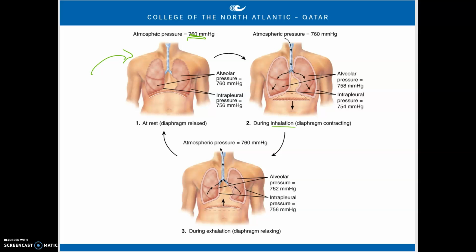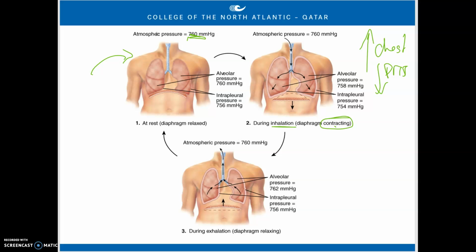If we switch here to picture number 2, we're looking at inhalation. Now, when we inhale, remember, those muscles are going to contract. They're going to get smaller. When the muscles get smaller, it does the opposite for us. It actually increases the size of the chest. When we increase the size of the chest, it's also going to decrease the pressure.